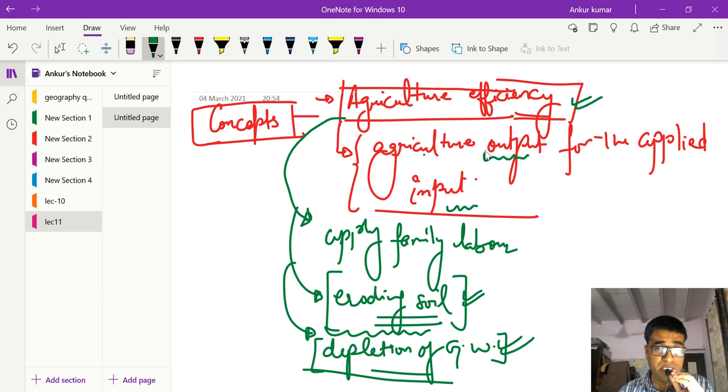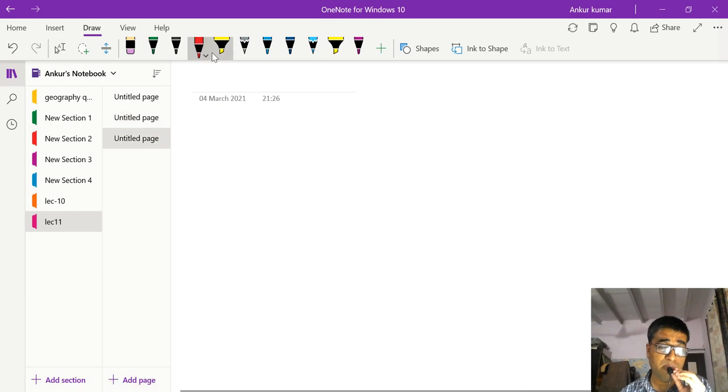So we have to devise some new methods through which we can measure the success of agriculture, right? We have to have another method through which we can measure how successful agriculture is, and that method can be agriculture productivity.